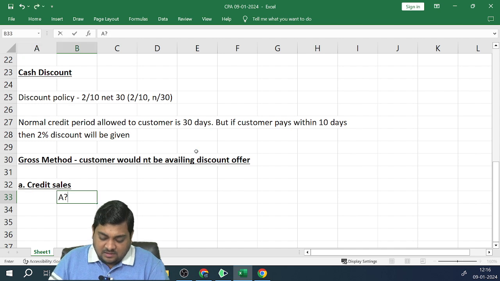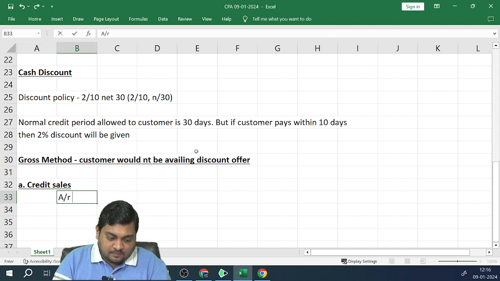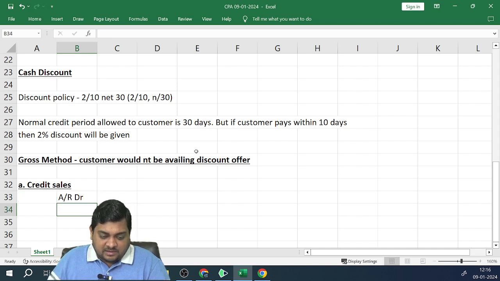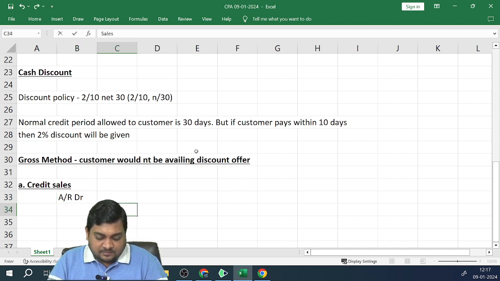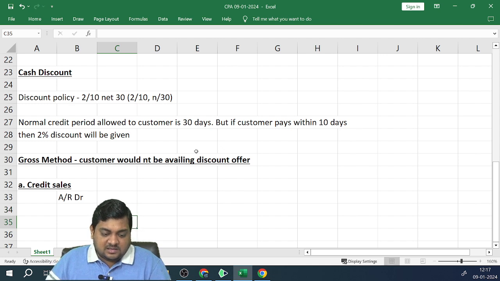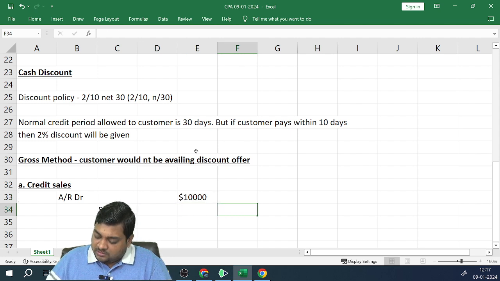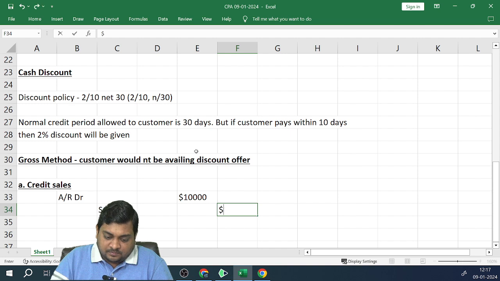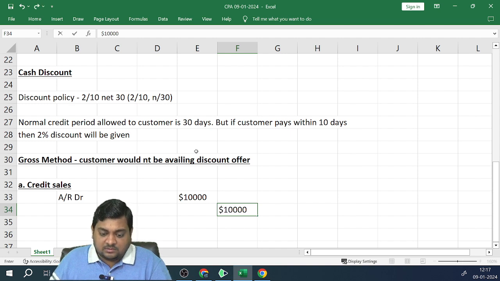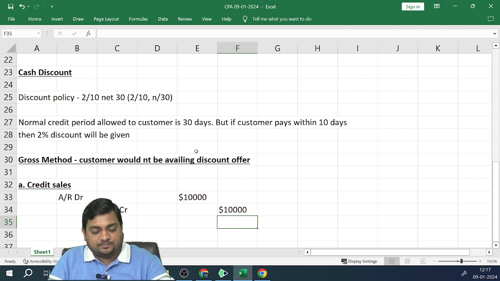It is accounts receivable debit, sales credit. This is $10,000, and this is $10,000, right?